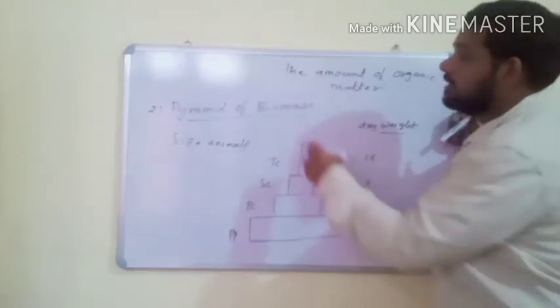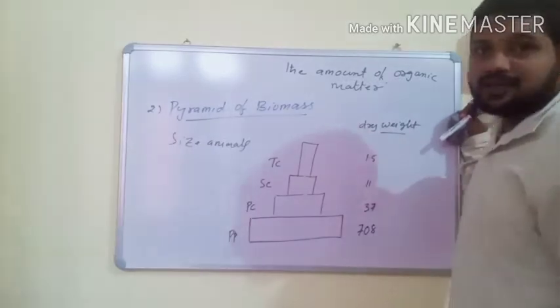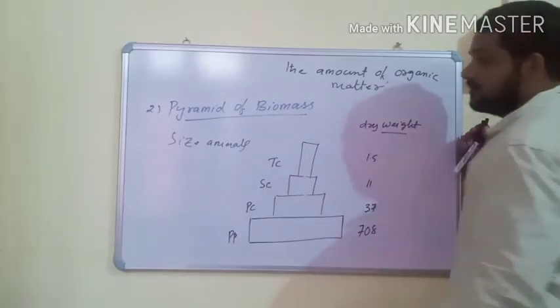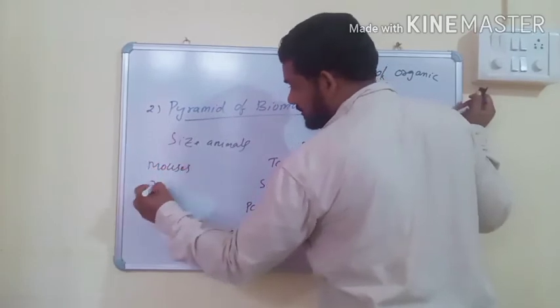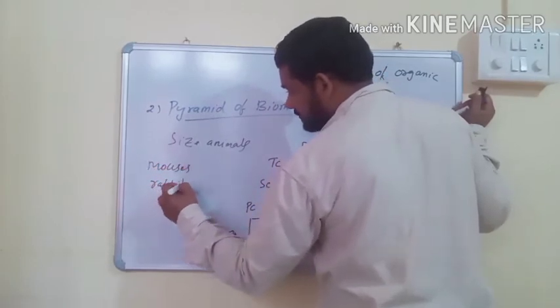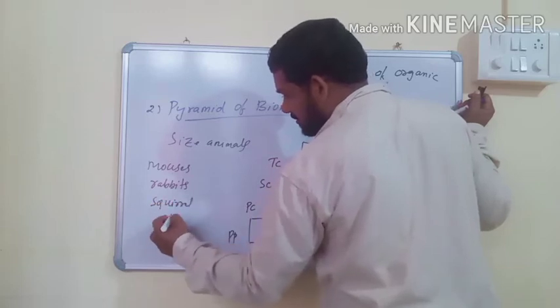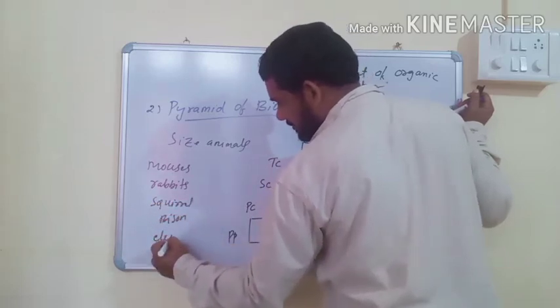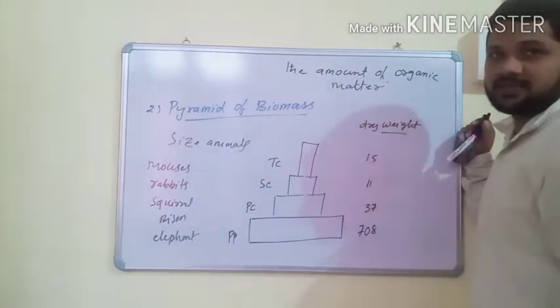That's why the pyramid of biomass is more real than the pyramid of numbers, because there is an example. For example, some herbivorous animals like mice, rabbits, squirrel, bison, and elephant. So all of them are herbivorous animals.